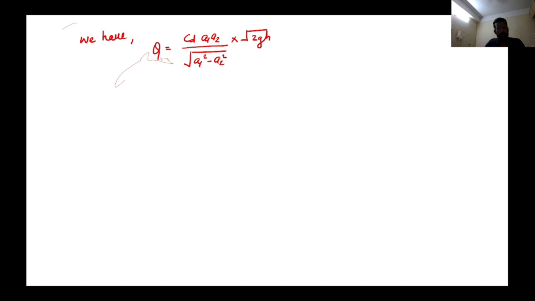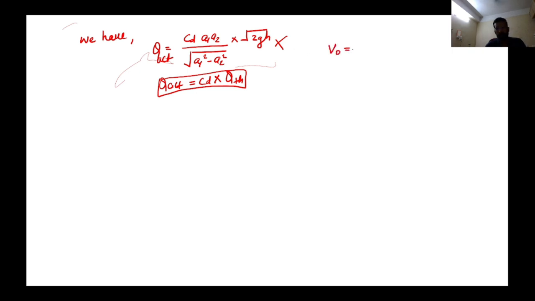That is Q actual. So Q actual is equal to CD into Q theoretical. That is the formula. But don't use this formula. This is a long formula, and first you will calculate A1 square, A2 square, which is very lengthy.